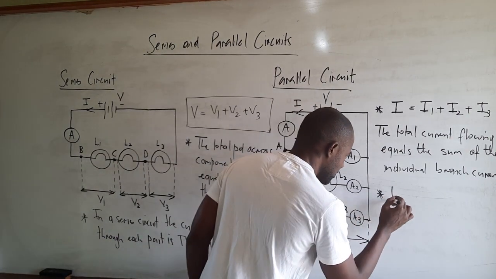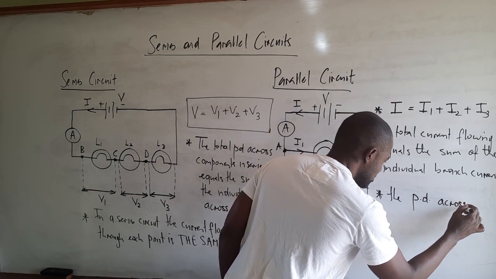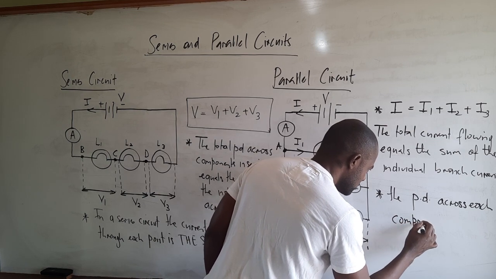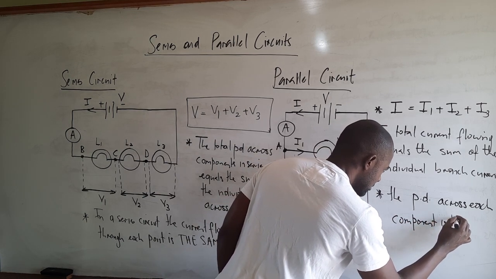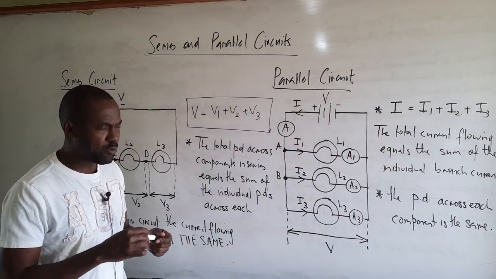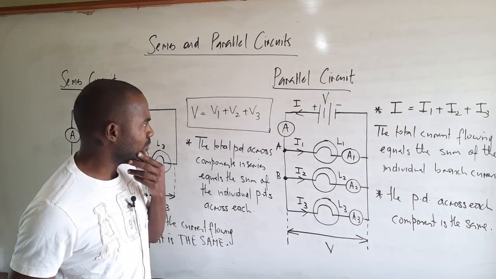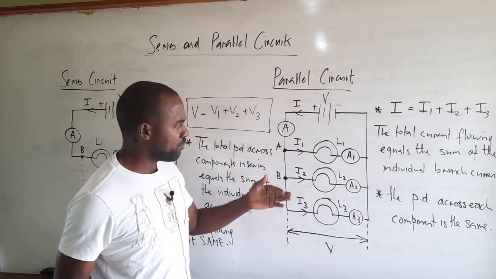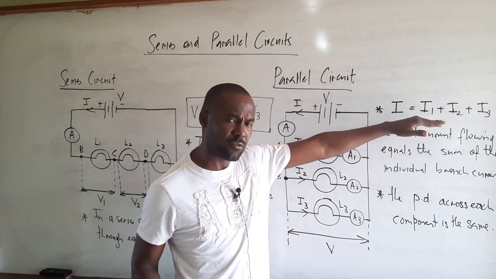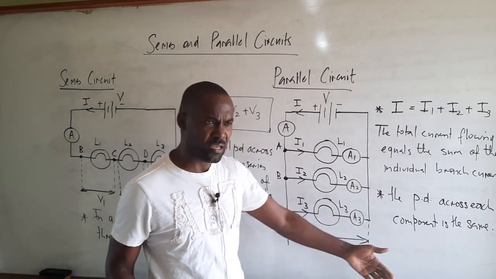So we can write that the PD across each component is the same. And here we have summarized the characteristics of series and parallel circuits. Once again, for a parallel circuit, whenever we have a set of components connected in parallel, the total current flowing is equal to the sum of the individual branch currents, and the PD across each component is the same.